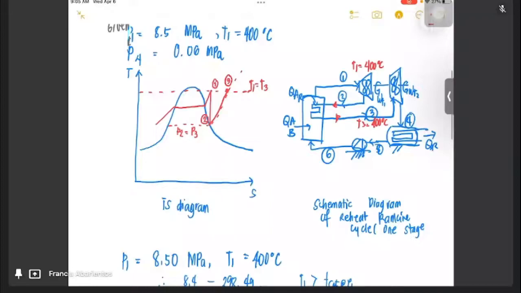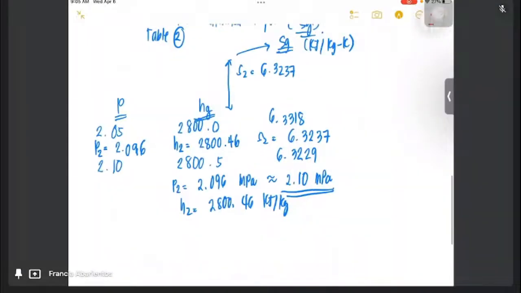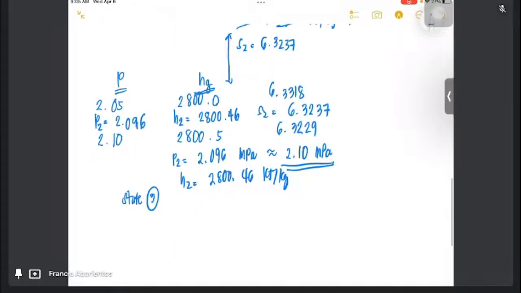Okay. Ano yung condition natin para makuha yung point 3? So, at state 3, yung pressure 2 natin, ano yung constant? Constant pressure. So, ito na yung gagawin natin. We have 2.10 MPa. And the temperature 1 is equal to temperature 3. That is 400. Okay. In your table 2, the saturated temperature of 2.10 is 214.